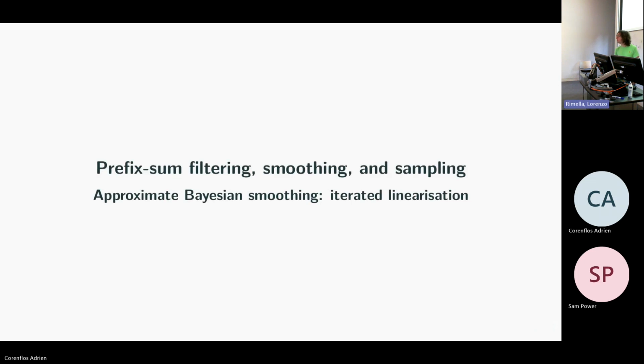Okay, so that's it for exact filtering. Those are basically the two cases where we have a solution that we can implement and we know it's going to give us the exact solution to our problem. Now, we all work on models that are rarely Gaussian or rarely finite state models.